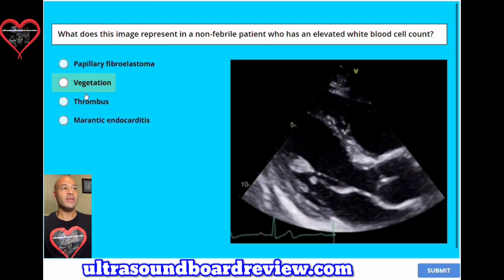Question 143. What does this image represent in a non-febrile patient who has an elevated white blood cell count? A, papillary fibroelastoma, B, vegetation, C, thrombus, or is it D, marantic endocarditis?